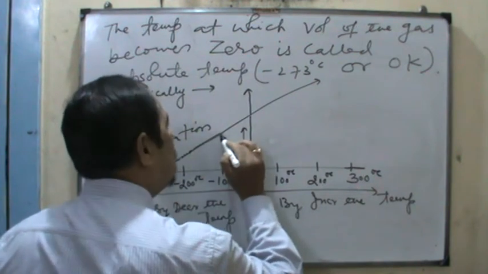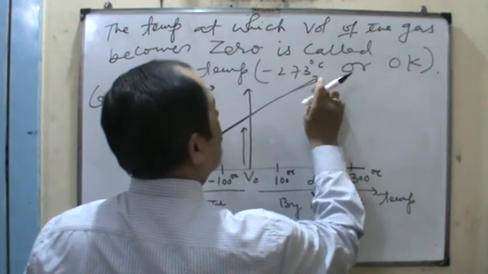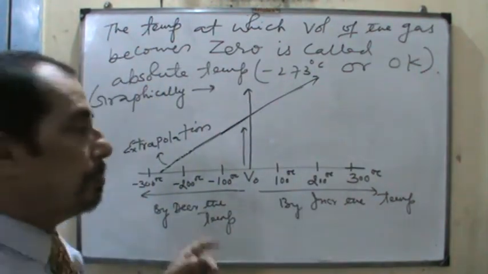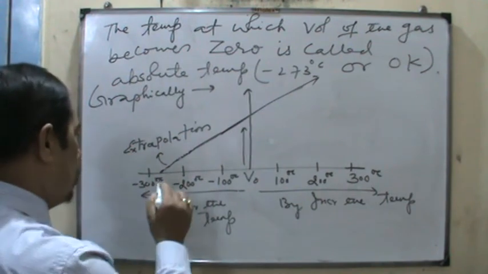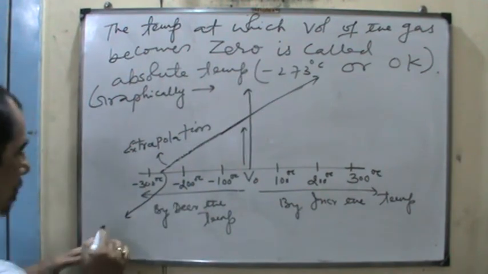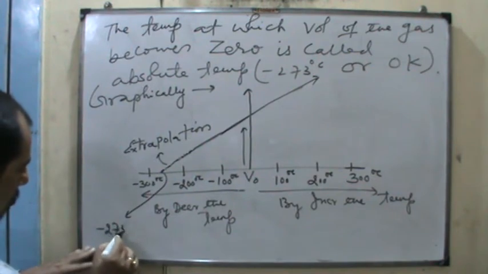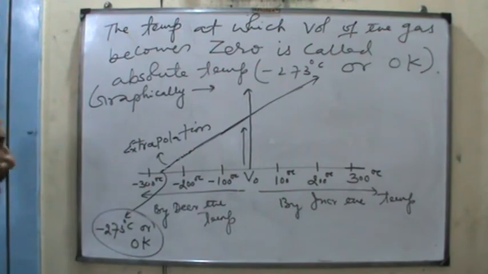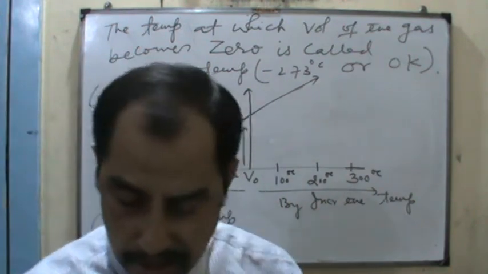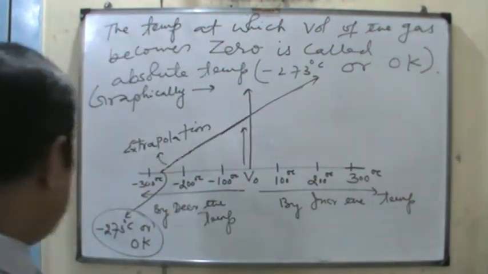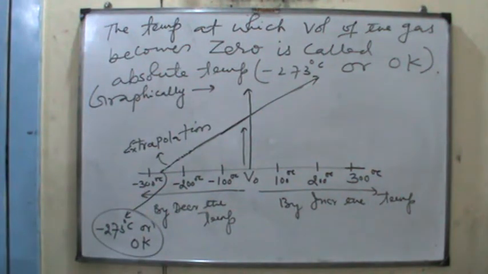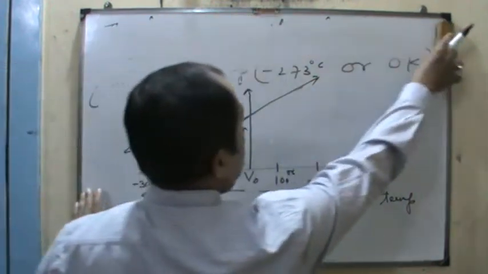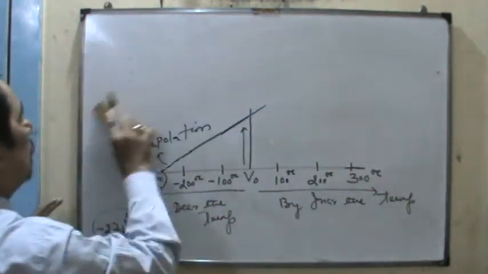More the temperature, more the volume, and minus 273 degrees Celsius or 0 Kelvin is called absolute temperature, that is, 0 Kelvin. So this is Charles' law.